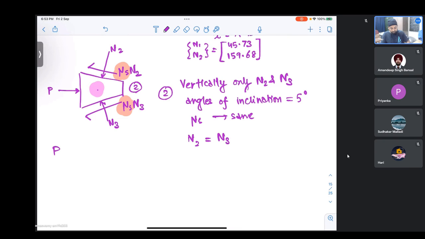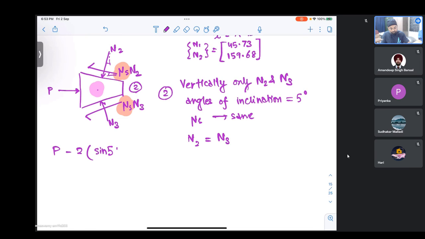Horizontally we can write, since N2 is equal to N3, I'll just write 2 into one of the components. So we are able to see that this will again be phi, phi. So it will be sine phi.